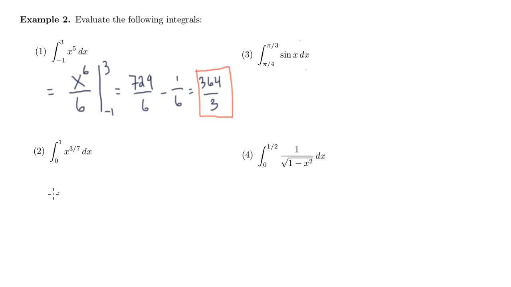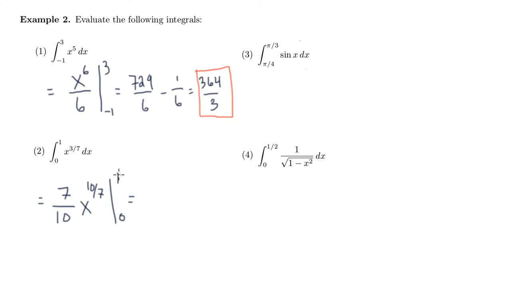So what's an antiderivative of x to the 3/7? Well, remember that we just add 1 to the power, so that gives us 10/7, and then divide by the new power. So that should be 7 over 10 x to the 10 over 7, that's the antiderivative, and then evaluated from 0 to 1.